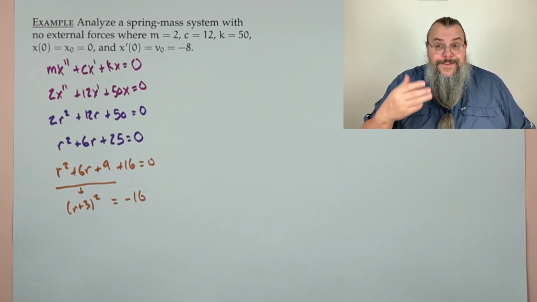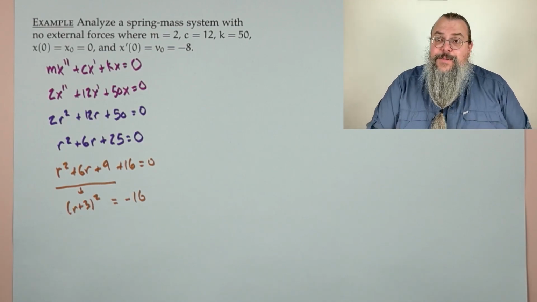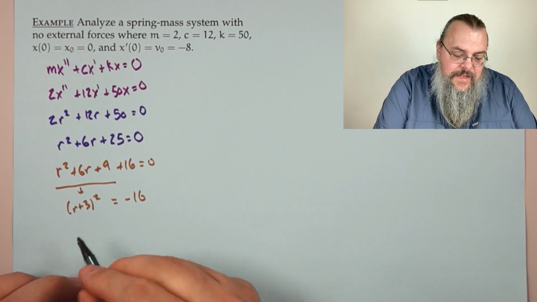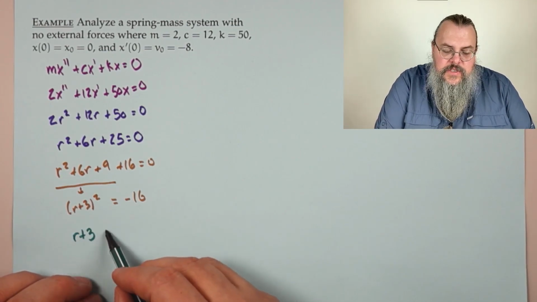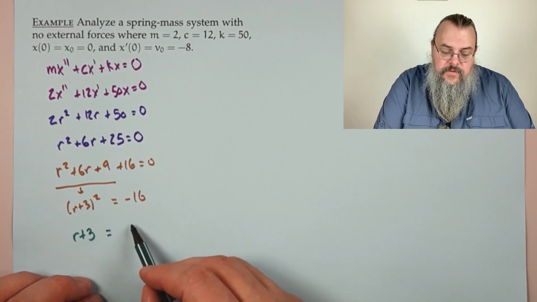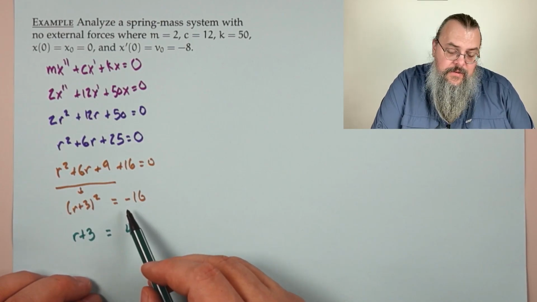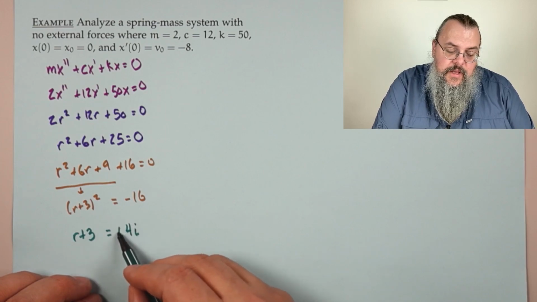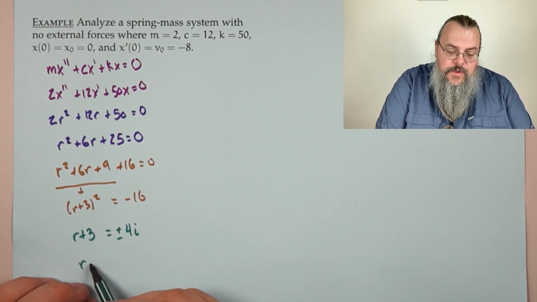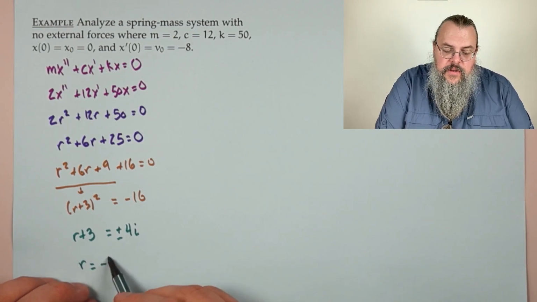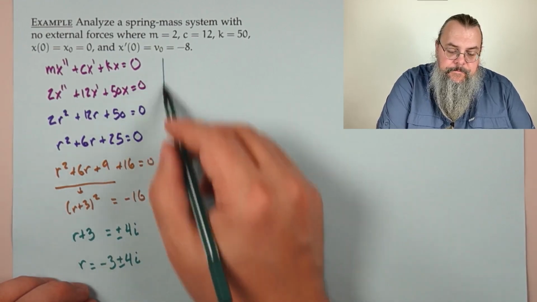When we see that, imaginary numbers are in our future. So we take the square root of both sides, and that gives us r plus 3. On the other side, the square root of 16 is 4, and what's the square root of a negative? Well, the answer is plus or minus i. Finally, move the 3 across: minus 3 plus or minus 4i.